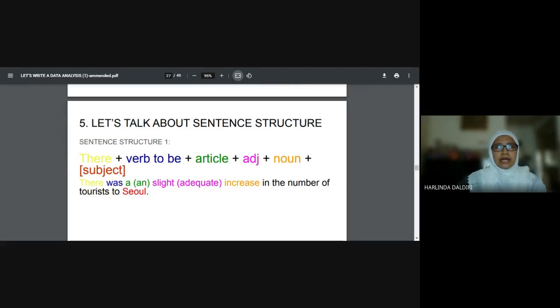What I mean is that you have to know how to make variations in your sentences so that you will not have just one sentence structure only.